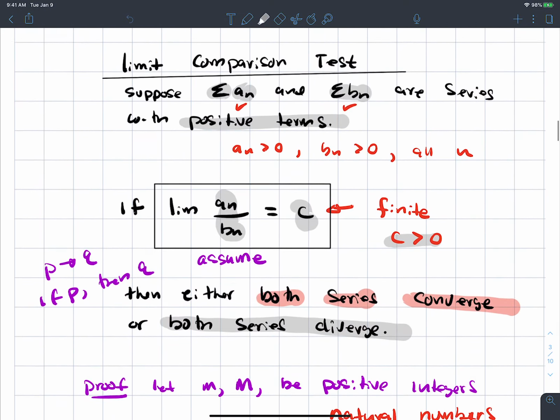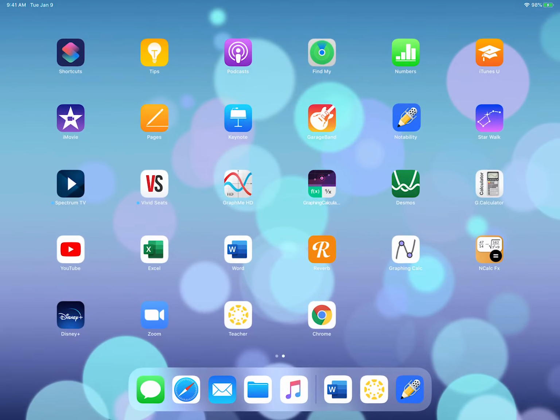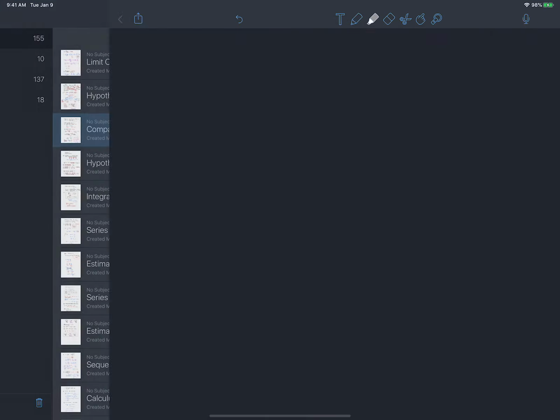That was the proof. Here's the theorem. So this is from our notes. This is what we're doing, the limit comparison test. So they both either both converge or both diverge if we can show that this limit is finite. That's what we're showing.